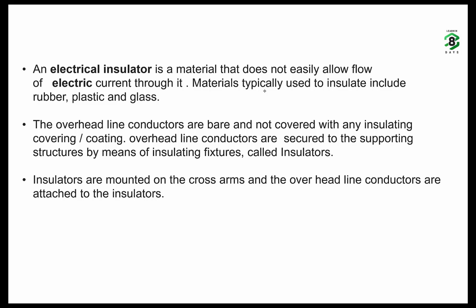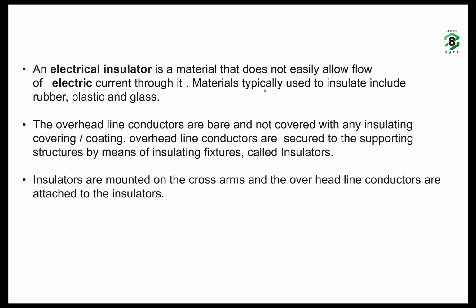Next, where do we use insulators in our power system? Our overhead transmission lines are bare conductors. They do not have any covering. If you see our ACSR conductors, they are bare conductors where air is acting as insulation.